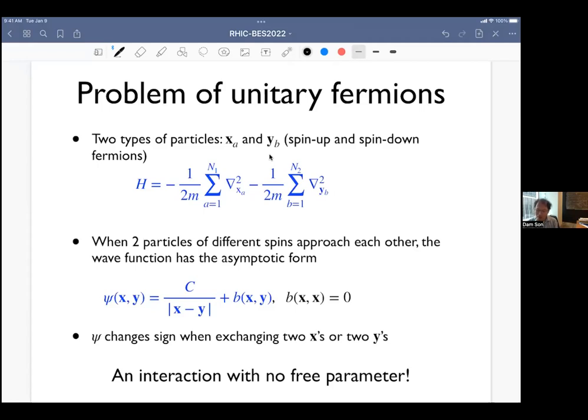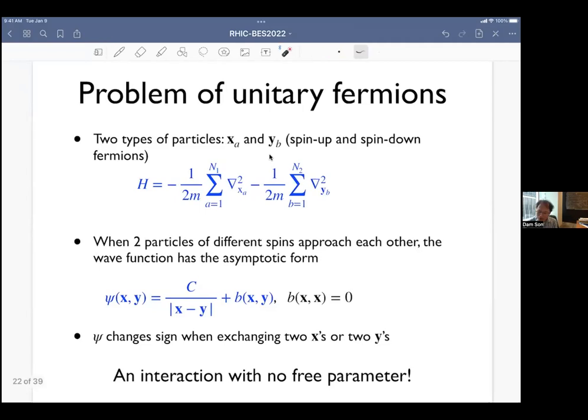We just say that we have two types of particles. Coordinates of spin up and spin down particles we denote as x and y. There are n1 spin-up particles and n2 spin-down particles, and the Hamiltonian is an operator which is just the sum of the Laplacians of spin-up and spin-down particles.